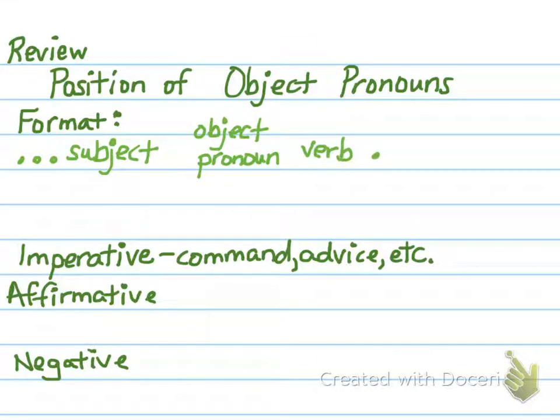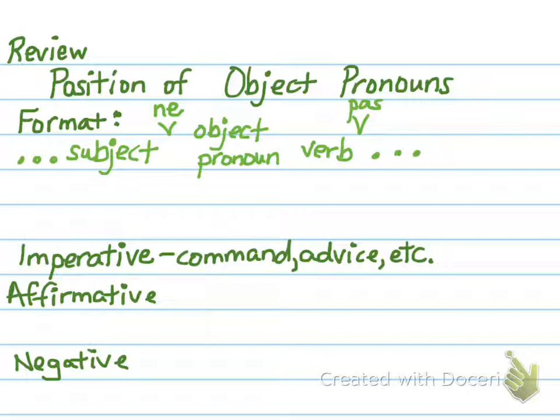Then you're going to have your dot, dot, dot for whatever other information. If it's negative, your ne goes before your object pronoun, and your pas or personne or jamais or rien goes after your verb. So that's the format of those.